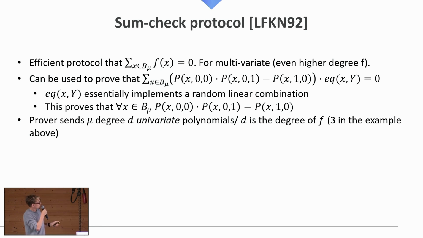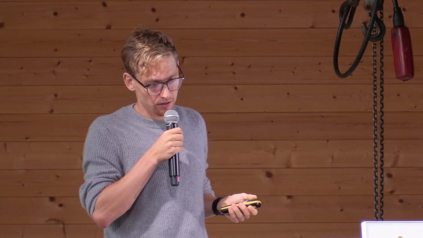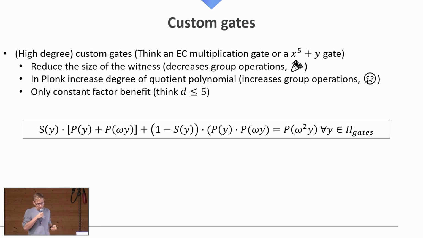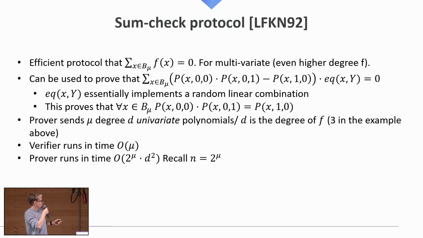So I get 1 times 1 times 1, so the degree is 3. So it sends a degree 3 polynomial in every round. The prover runs in time 2 to the mu times d squared, so this would be 2 to the mu times 9. And recall that 2 to the mu is exactly the size of our circuit. But the verifier runs in only O of mu, so it runs in time logarithmic in the size of the circuit.